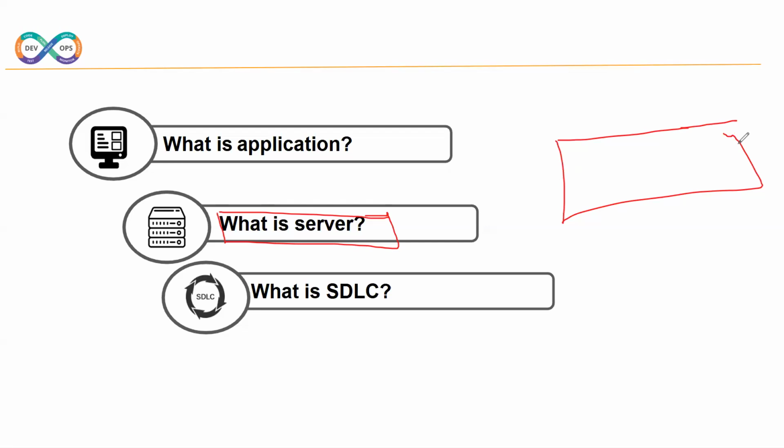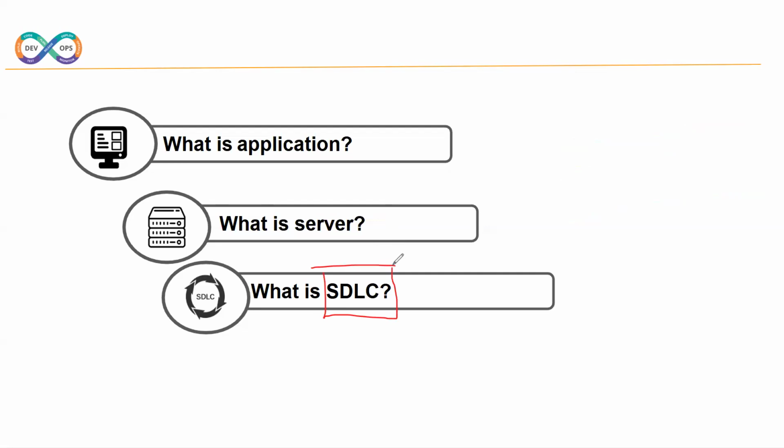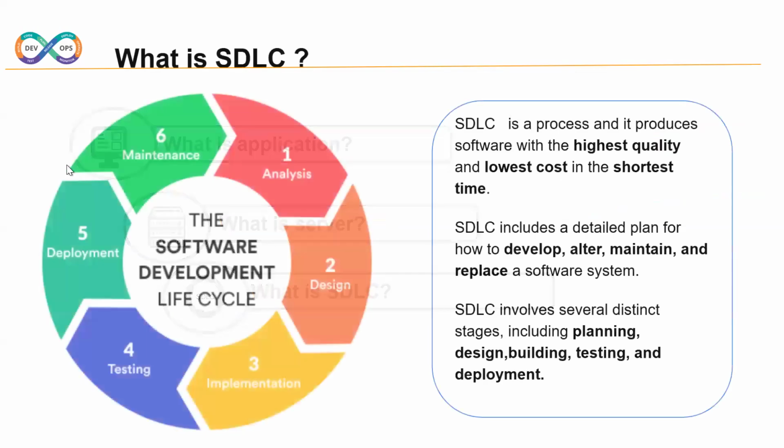But how exactly can we develop, build and deliver it? With the help of SDLC. So what exactly is SDLC? SDLC is the software development lifecycle. With the help of SDLC, we can produce an application and do business on the internet like Flipkart or Amazon.